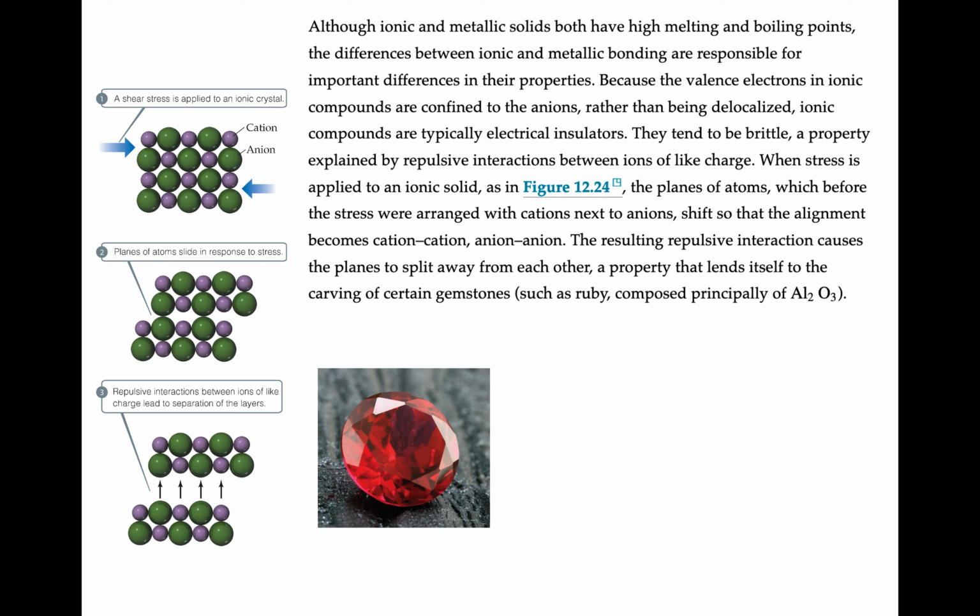Another feature that we have when we're now thinking about the properties of the ionic solids is that it points out something interesting: both ionic and metallic solids have high melting points and boiling points, but there are differences in the bonding that lead to other properties being different. I think this is really valuable conceptually.